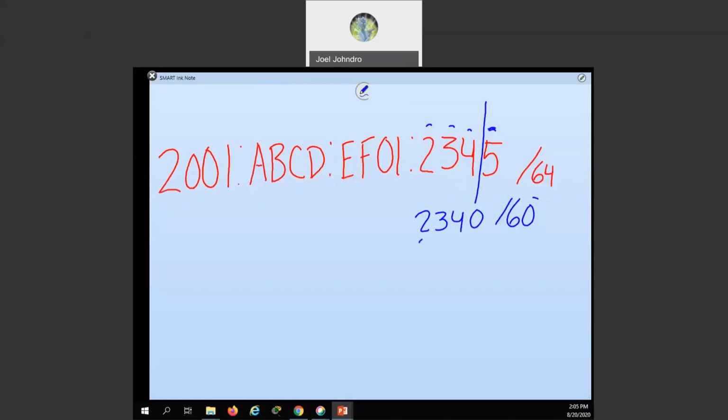Your second subnet would be 2341, all the way down until you get to 234, the letter F. That's 16 subnets in IPv6.